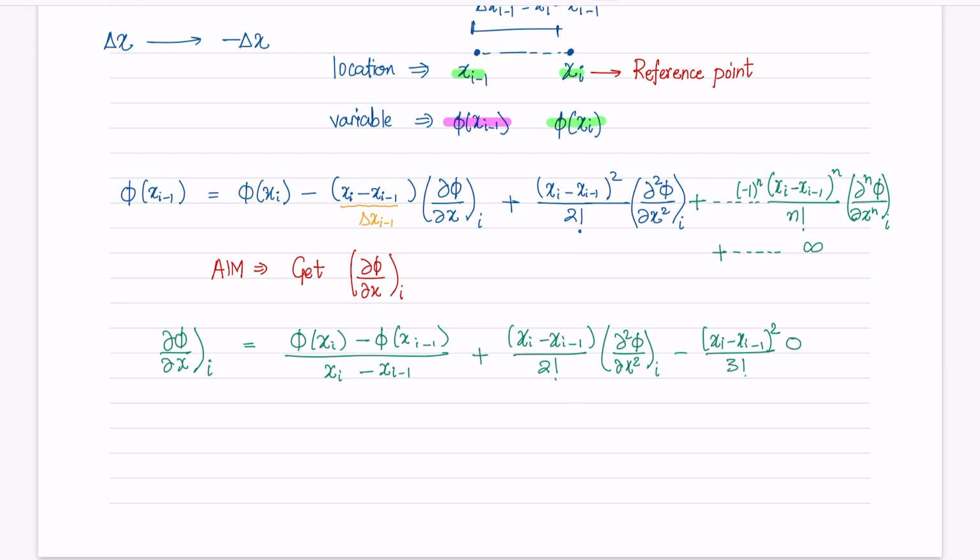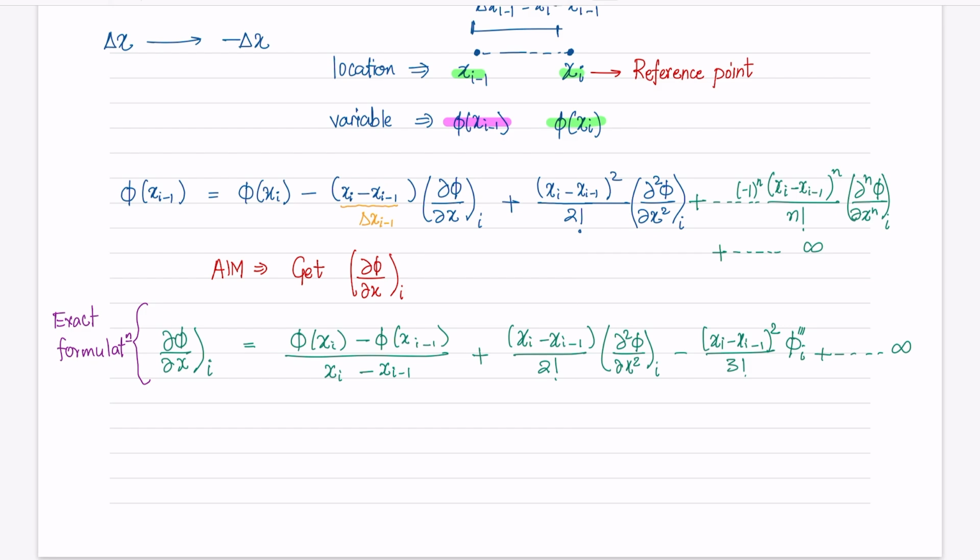I'm simply writing phi triple prime with subscript I, which represents that it is being evaluated at the ith location, all the way up to infinity. So this scary looking expression is the exact formulation. Remember that since it's an infinite series, it is going to be an exact formulation.